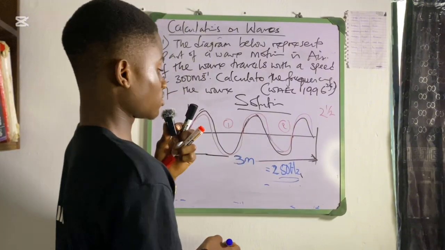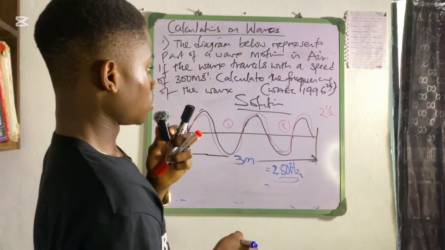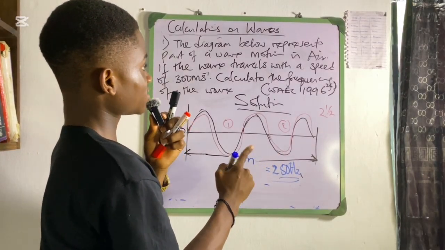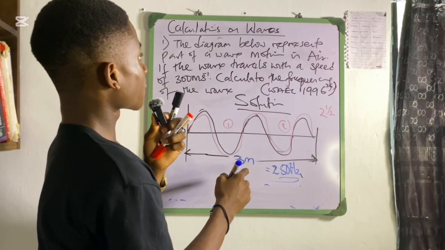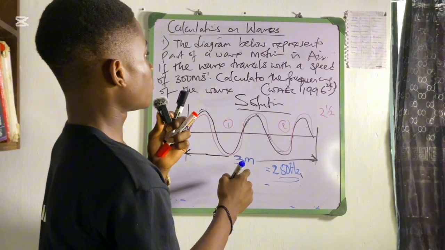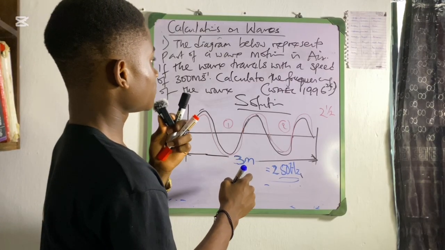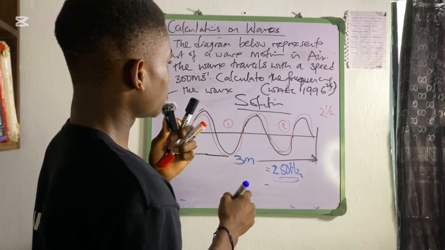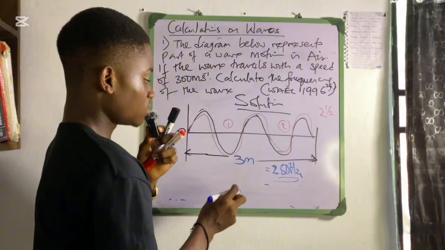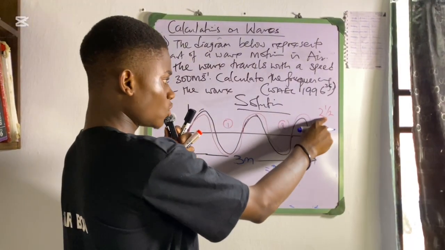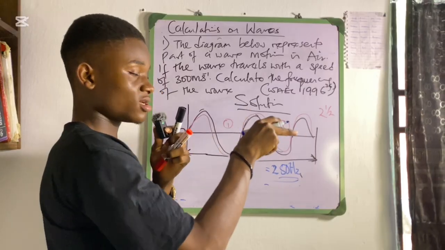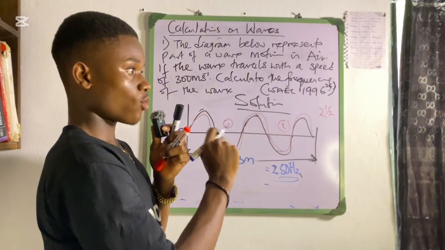Remember, we got 250 hertz as the answer, so let's try to get it again. Since we are going to compare when we have 2.5 wavelengths to when we have 1 wavelength.